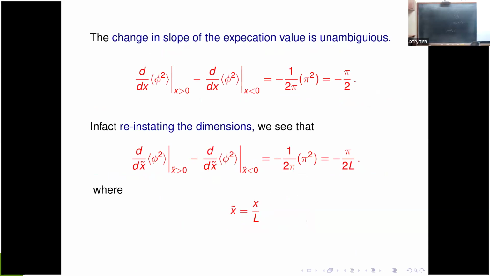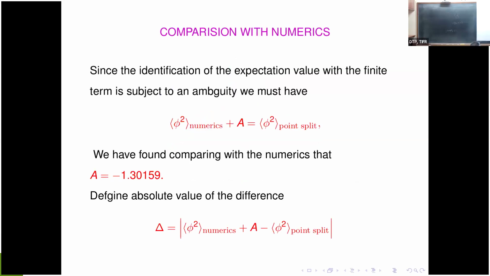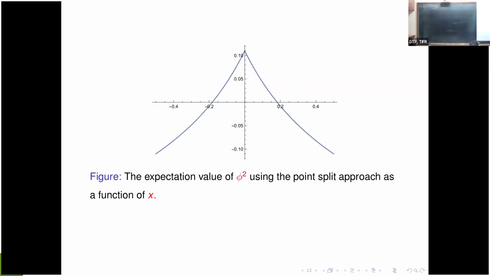And we actually compare. If you plot the analytic expression, you get this particular curve. It should be a shifted version of the numerics, because there is a possible constant mismatch. We actually check, because this observation seems to be not very well known. When you take the difference, that constant goes away.